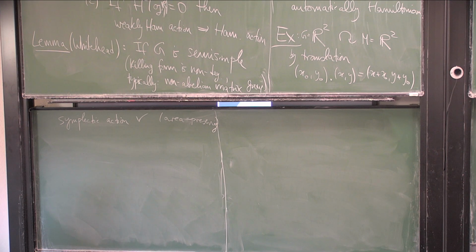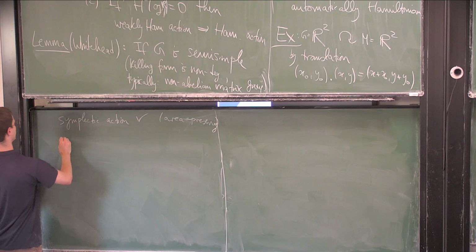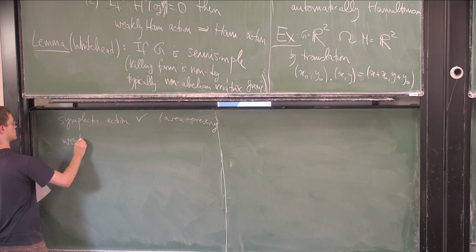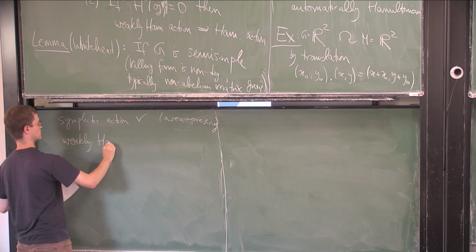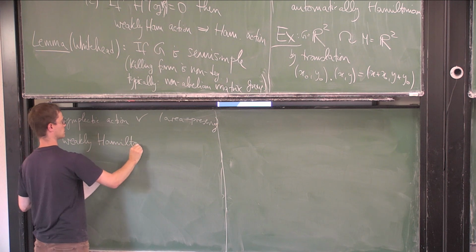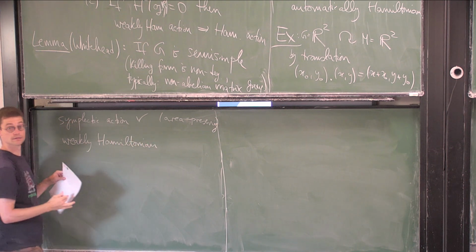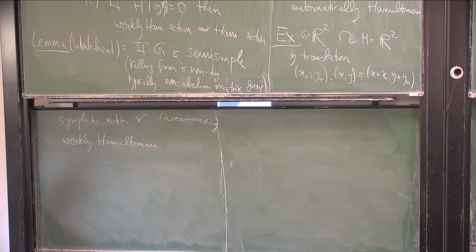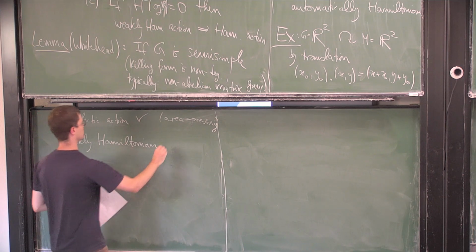Is the group semi-simple? No, it's abelian. We cannot use this. But what else can we use? The first cohomology of R2.